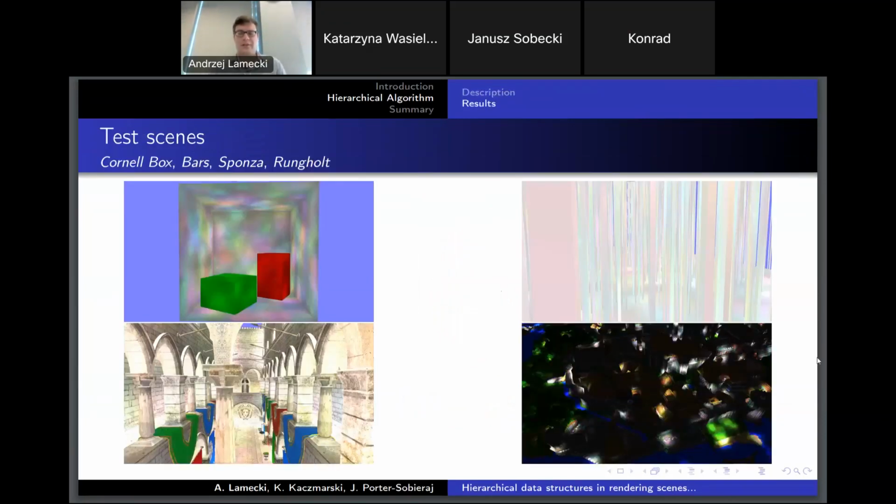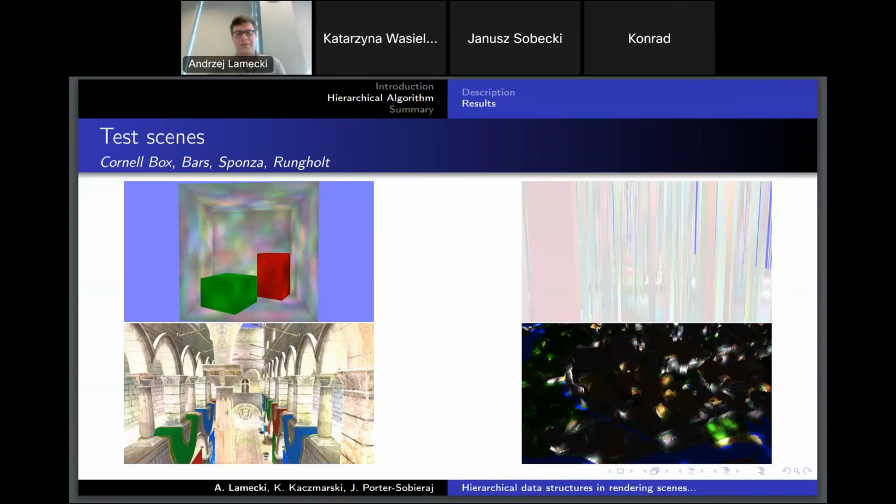We have tested our algorithm and compared it to other algorithms, clustered shading and hybrid lighting. We have used 4 different test scenes. The 3 of them, the Cornell box, Sponza, and Rungholt, are well-known scenes used for graphical benchmarking. And the 4th one, the bars scene, we have created specifically to test many discontinuities in geometry.